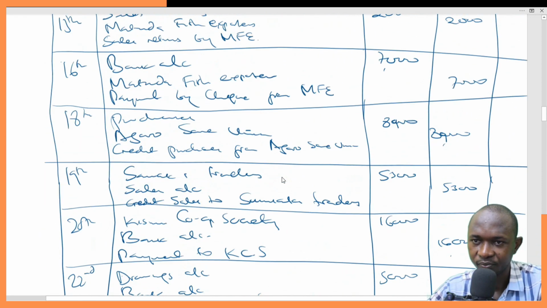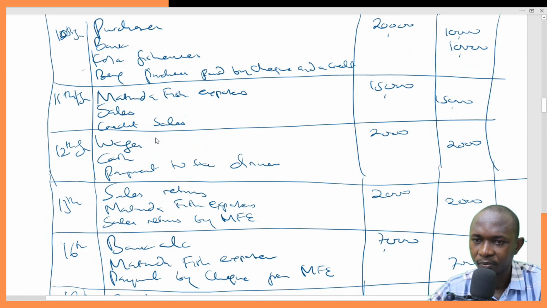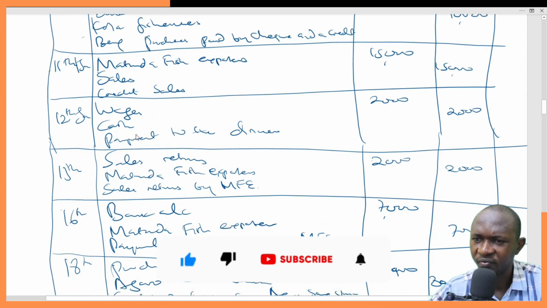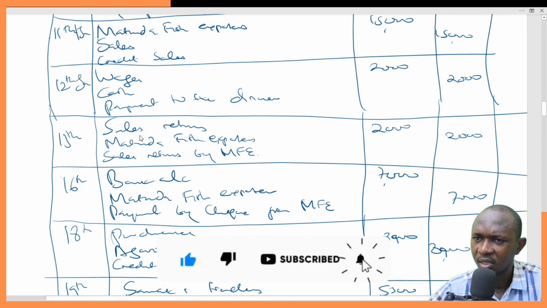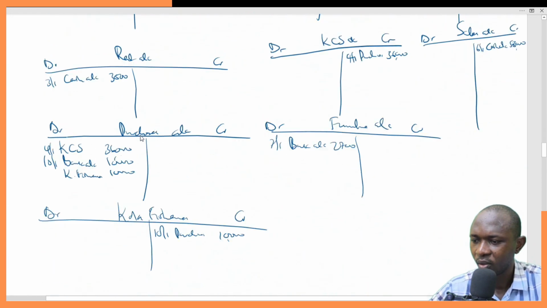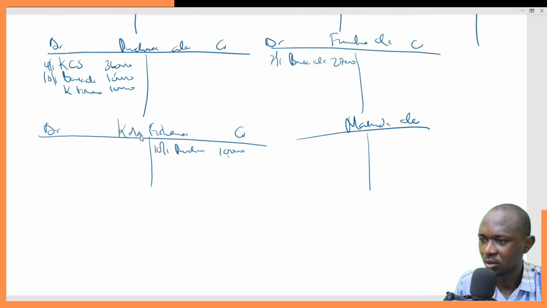Then 11th, debit Matunda 15,000, credit sales. So we simply come here and we say Matunda account, debit, credit. Matunda is a debtor, so on 11th we say sales 15,000, and then we go to sales account.